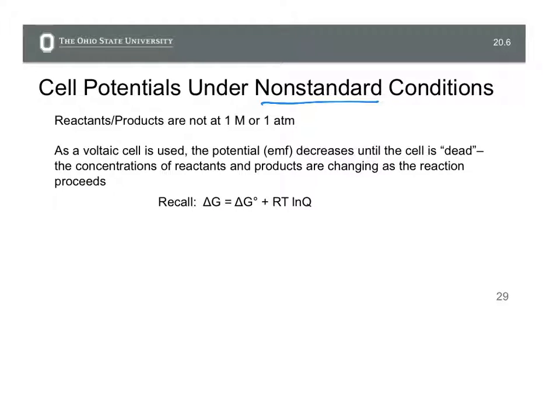As the battery is used, the potential decreases until the battery is dead. That's because the concentrations of reactants and products are changing. A battery is dead when the reaction reaches equilibrium.